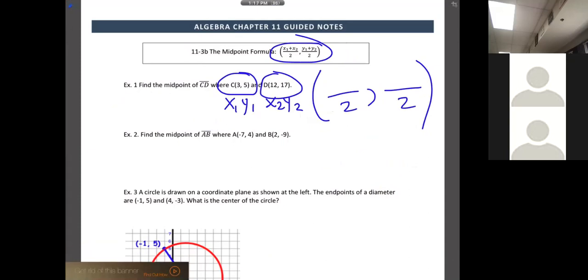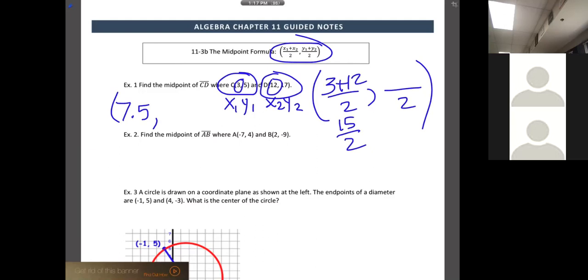So the top of the first part says x1 plus x2. So we're taking the 2 x's and adding them together this time instead of subtracting them. So 3 plus 12, 15 divided by 2 is 7.5. So that's my x value.